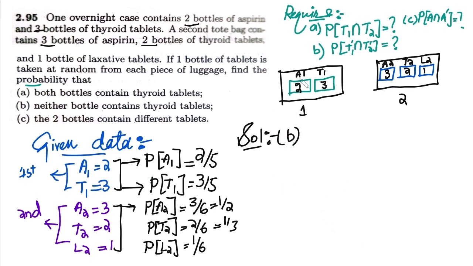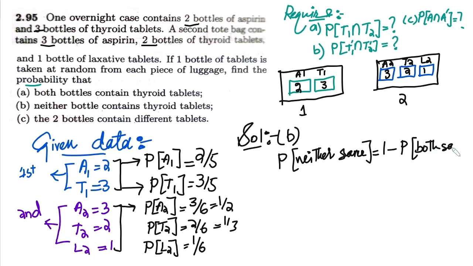Part B, we have to find that neither bottle contains thyroid tablets. So the probability of neither is the same as 1 minus the probability that at least one is thyroid.